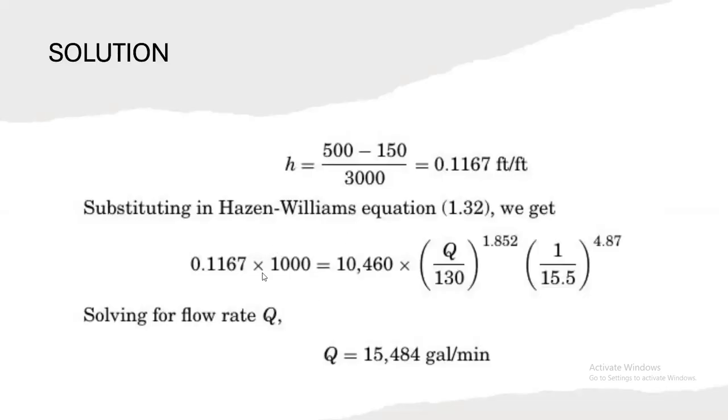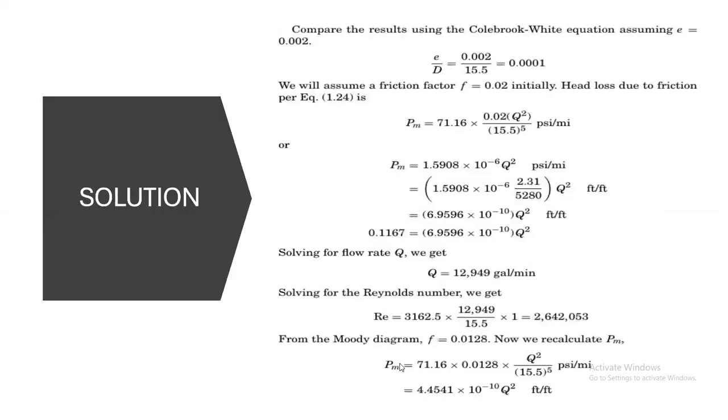This is just a constant. This is your Q, your flow rate, and this is a constant, which is your internal pipe diameter. So solving for flow rate Q, we get that Q is 15,484 gallons per minute. So that's the flow which you get there.